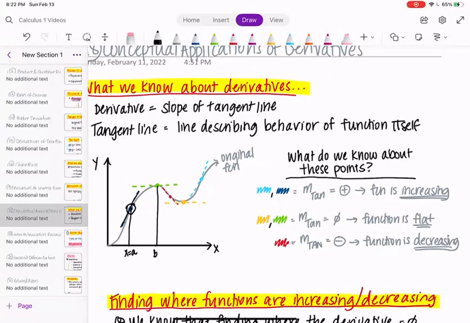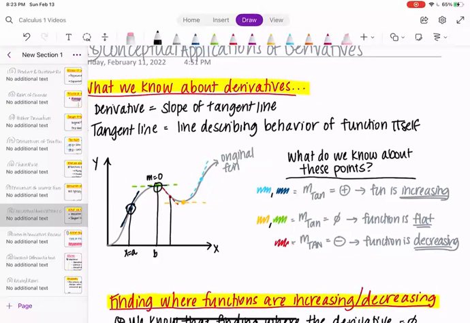In this specific drawing, I didn't necessarily do it 100% accurately, but that was supposed to be a horizontal line. And what do we know about horizontal lines is that their slope is 0. So because the slope is 0, I know that the original function is flat at that point, right? So at this exact instance, this function is perfectly horizontal.